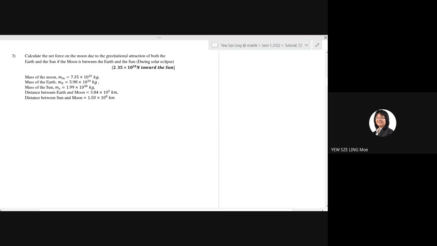Now if you look at the question once again, you have 3 objects: the Earth, the Sun, and the Moon. Our job is to first identify which one is the main object.